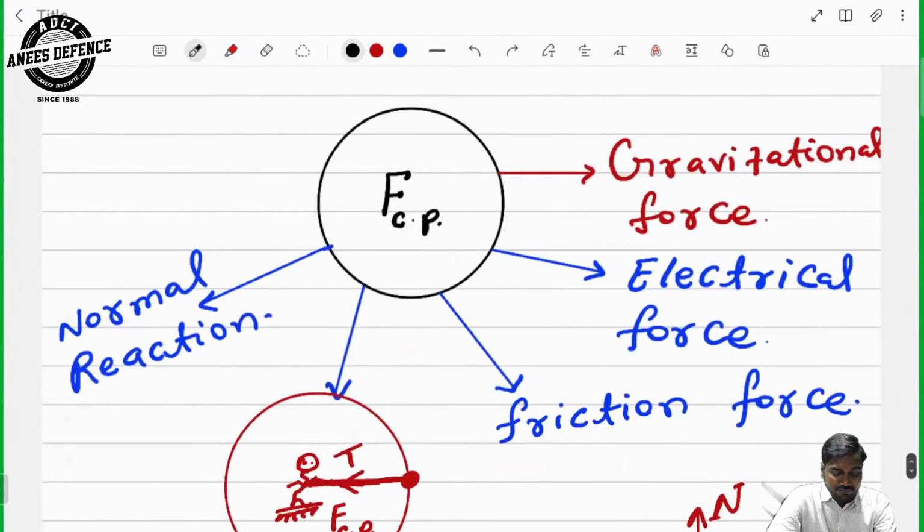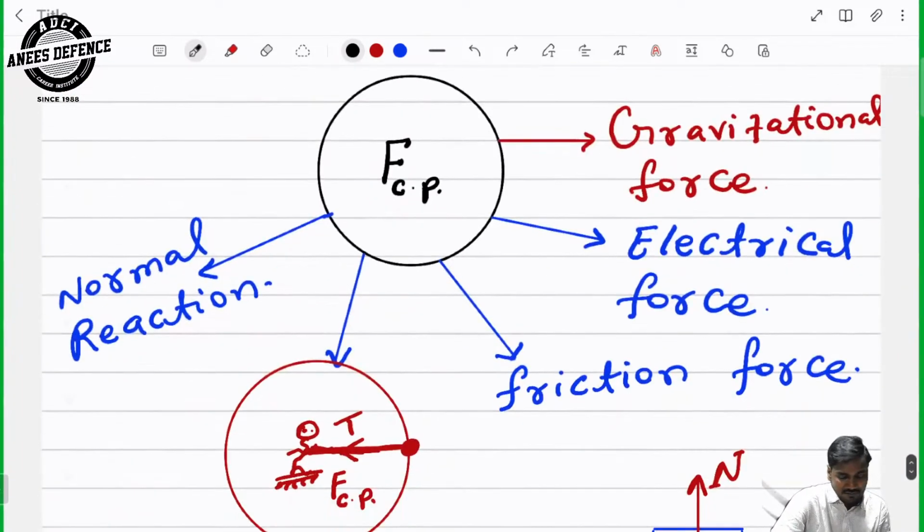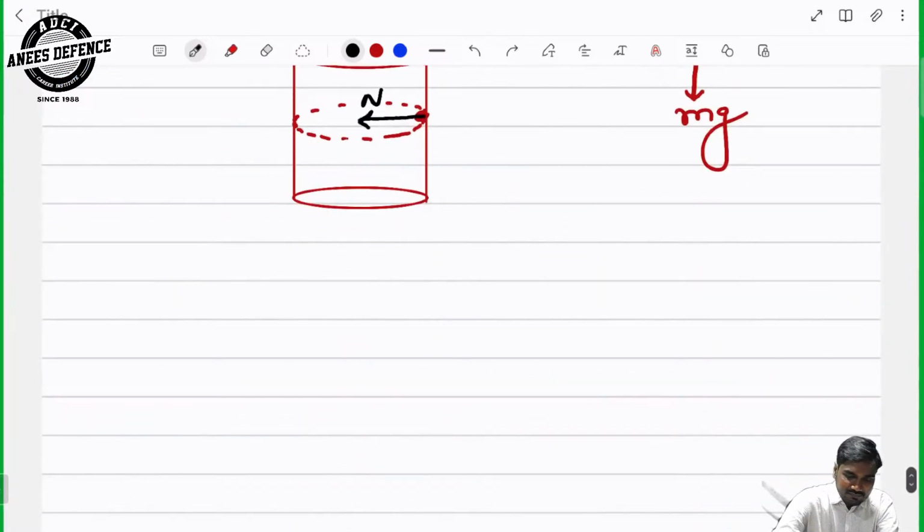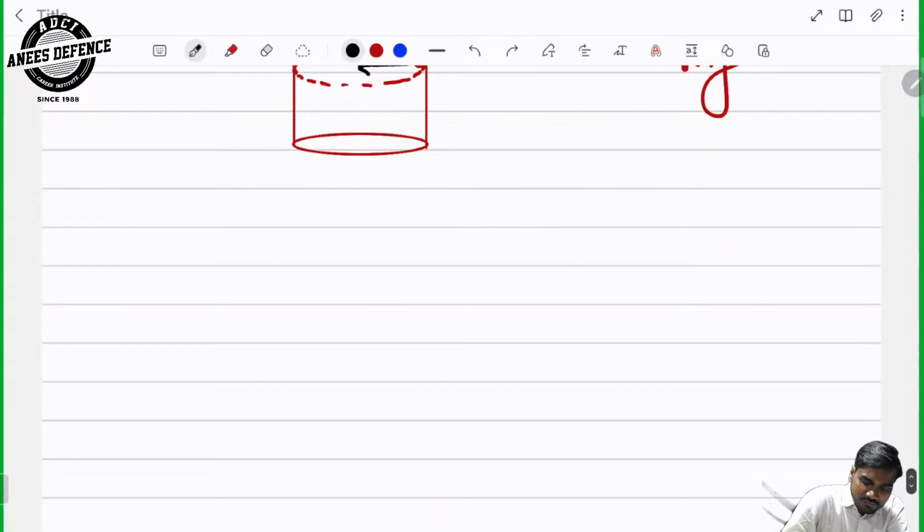Now we can start topics based on circular motion with the help of NLM and friction. Listen. First topic.